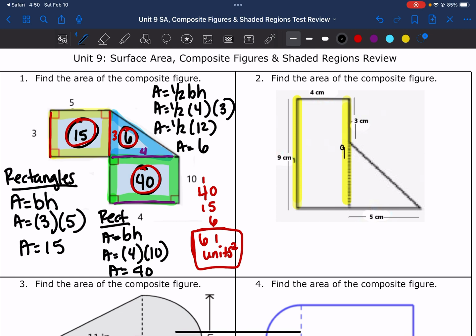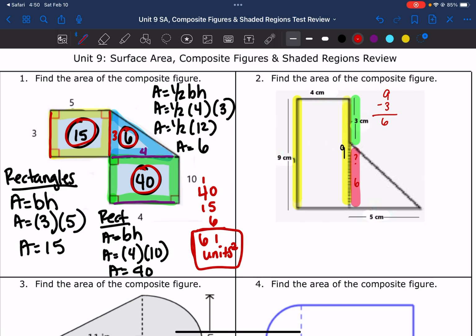But here, what I have to make sure that I understand is that I am missing this length right here. I need to figure out what this part is. So what I do is I take 9 and I subtract 3 from it. And that is going to give me 6. So right here is 6.